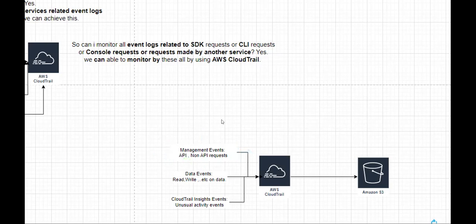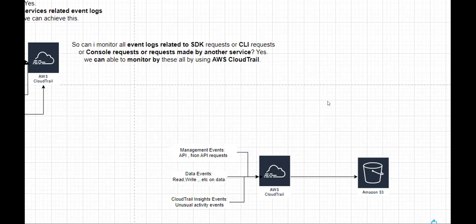Non-API requests are, for example, KMS key rotations, where there can be successful and unsuccessful attempts. Or whenever you try to log in, there are also successful or unsuccessful attempts. Those events we call non-API requests.